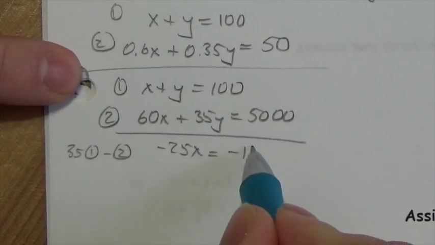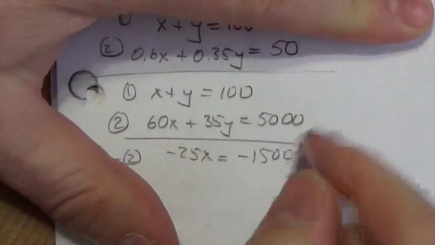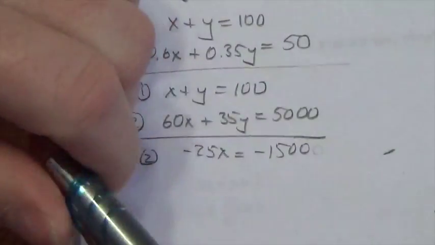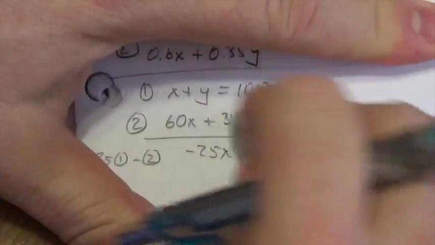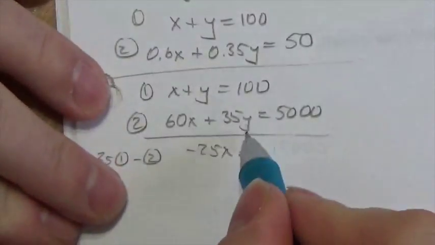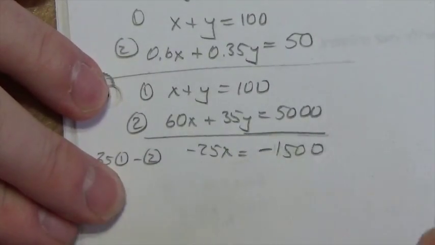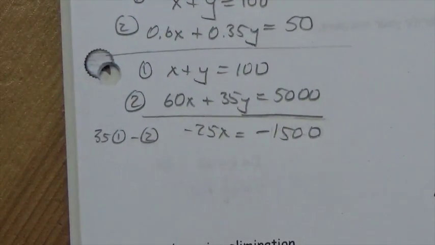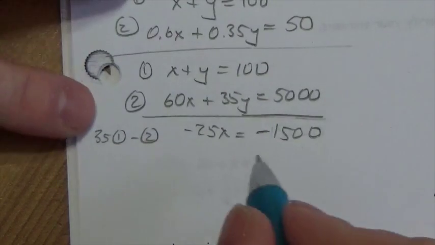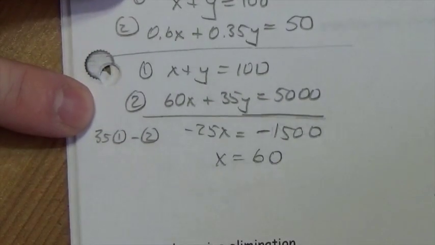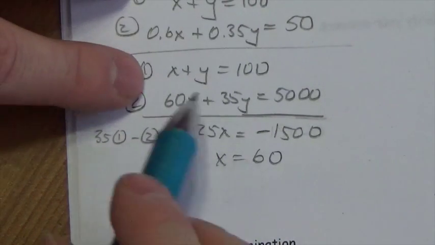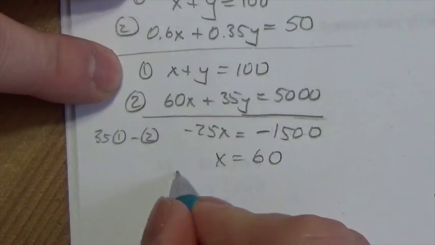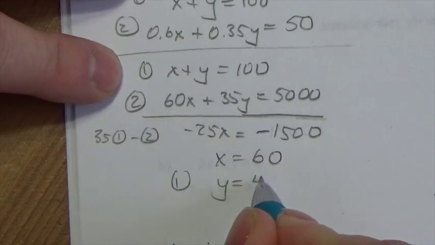Actually, I'm going to erase that and start again. That equals negative 1,500. When I divide that by negative 25, I get that x is equal to 60. Because of equation 1, that means y has to equal 40.